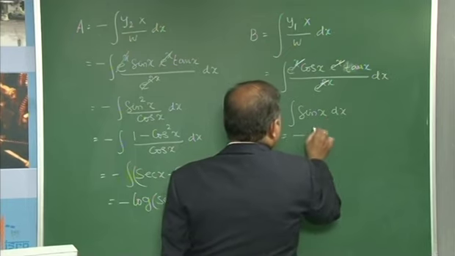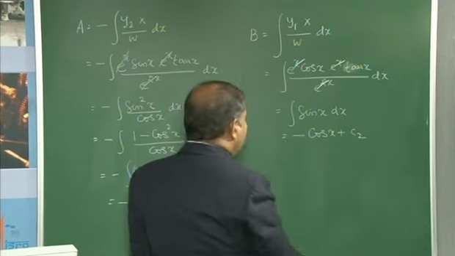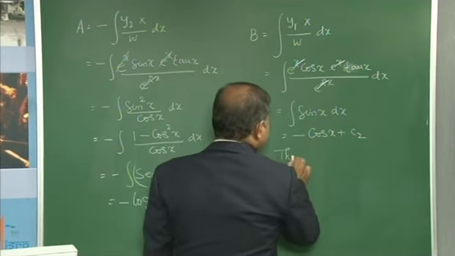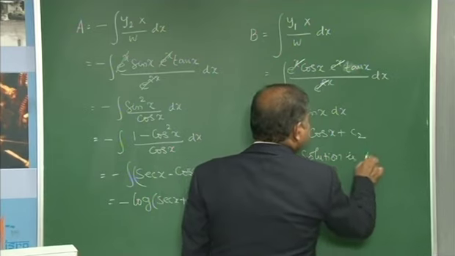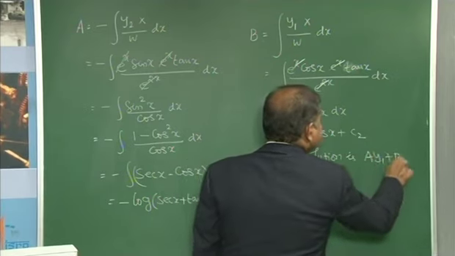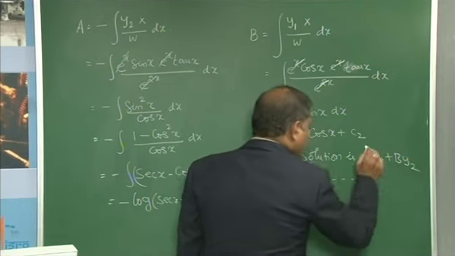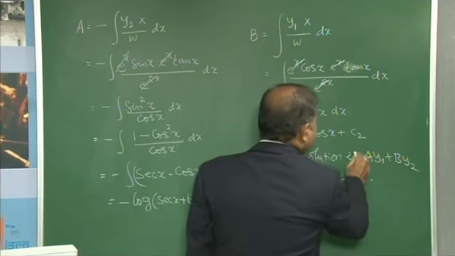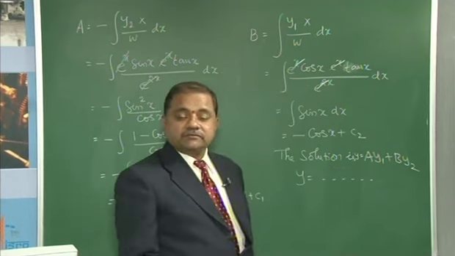Very simple one: minus cos x plus c2. So what is the solution? The solution is y = Ay1 + By2. You write all the terms.